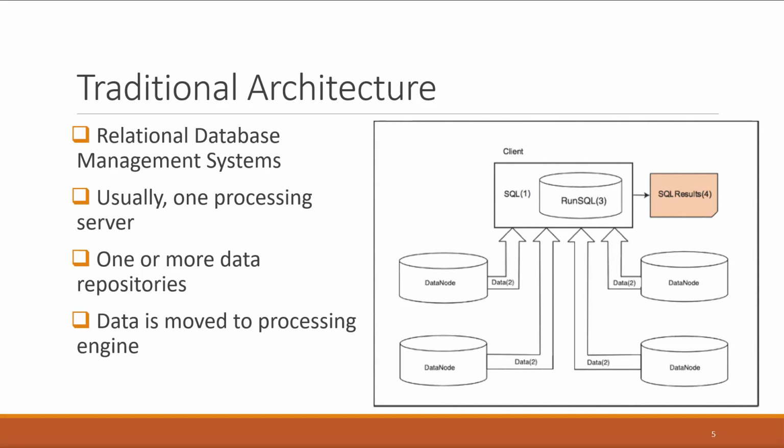If you take a look at the diagram, you'll notice that you've got step one, so we issue a SQL statement. In the SQL statement, we identify the specific data elements we're going to need. So basically you have your from clause that tells us which tables we need data from. We're going to have to go to the various data nodes. And if they're all sitting on the same server, that's really convenient, right?